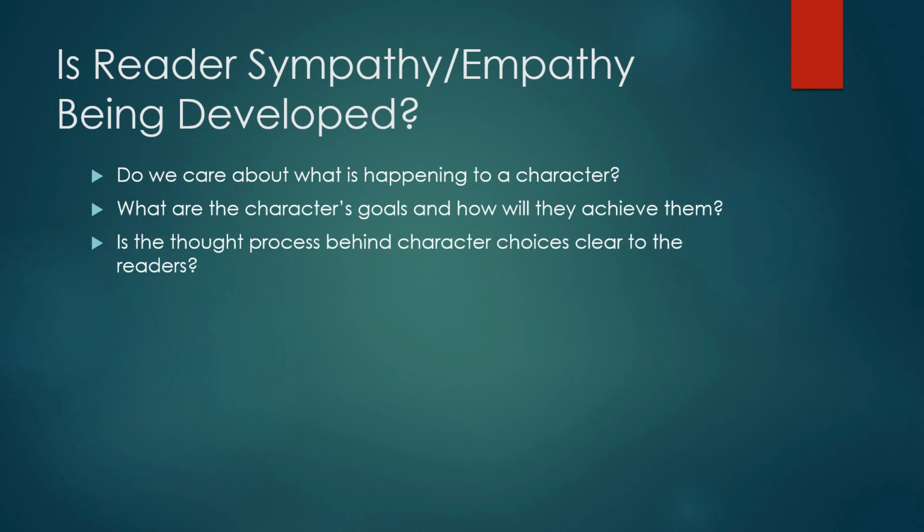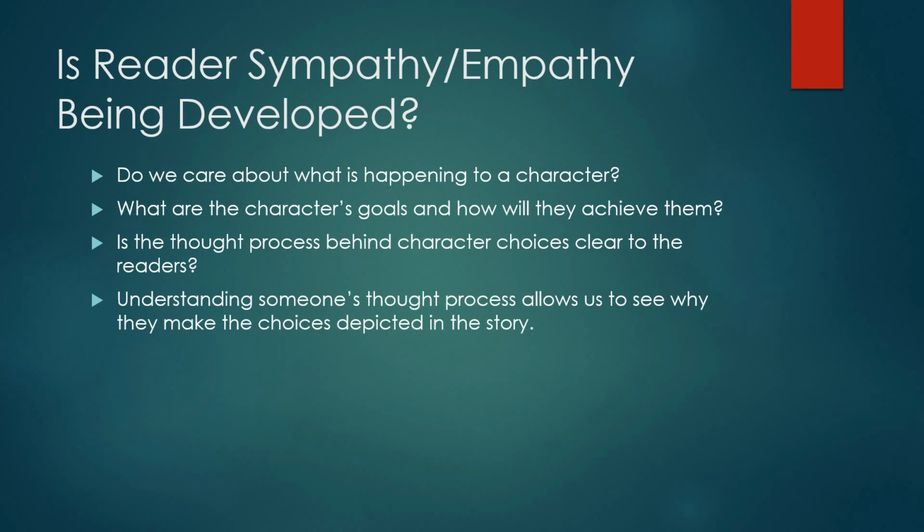This goes back to the previous examples, the previous topics, where we're understanding the thought process behind the character's choices, and that should be pretty clear. And this is important too, especially when it comes to villains, which a lot of people get annoyed with when they're evil for the sake of evil.